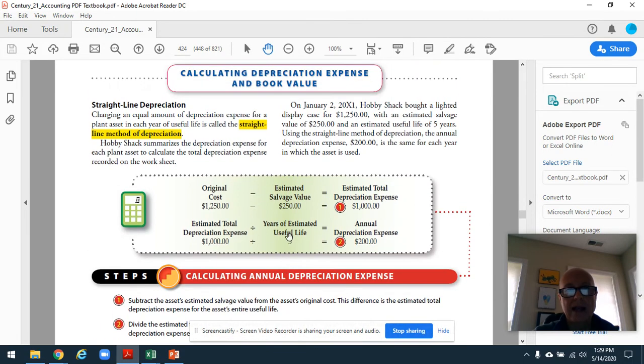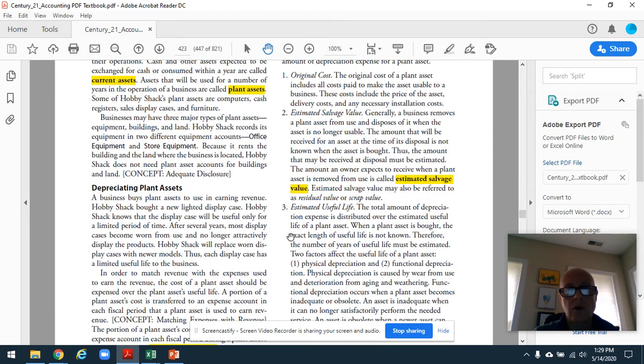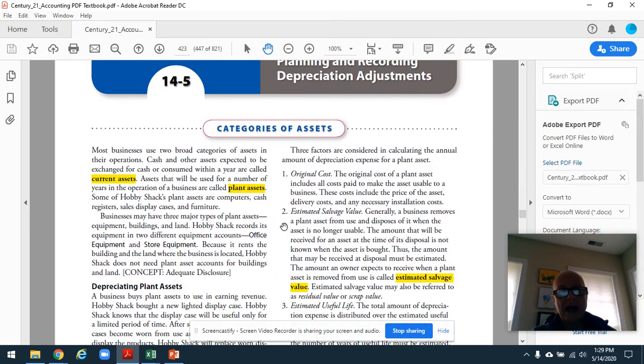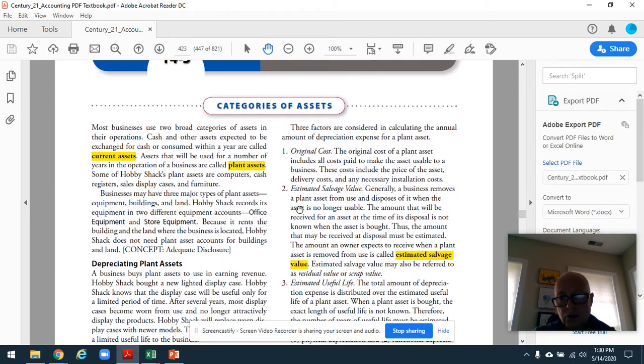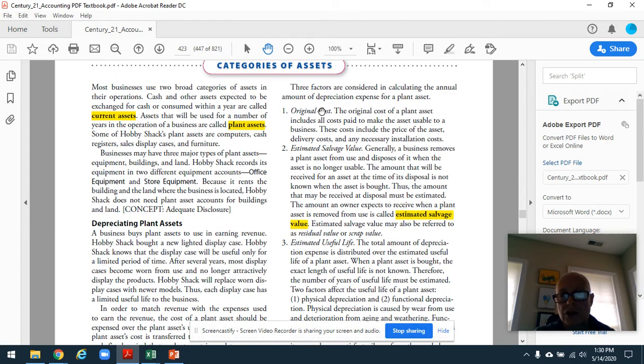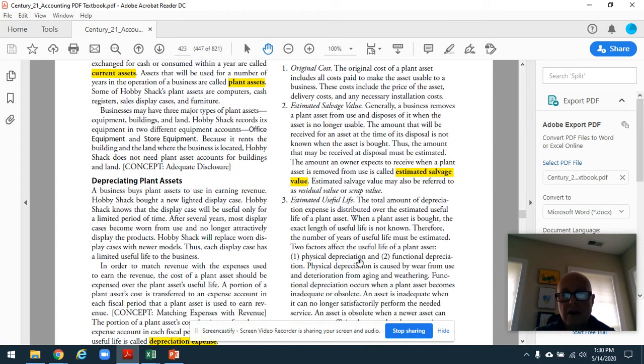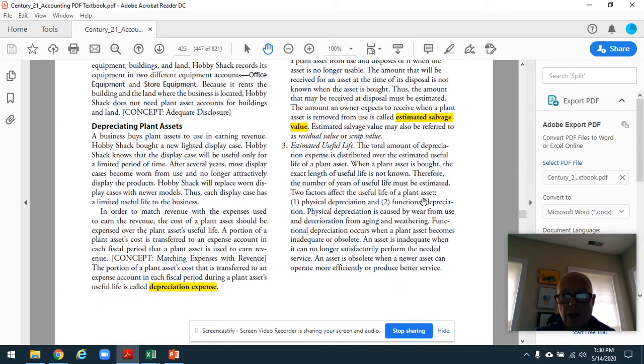So let's go back here, and I want to encourage you strongly to read this in detail, especially this section here where you've got the original cost, estimated salvage value, estimated useful life, and book value. You've got 2 factors affecting physical depreciation and functional depreciation.